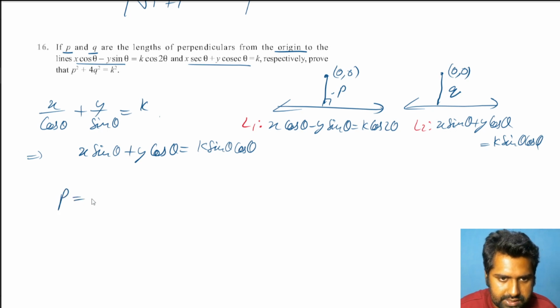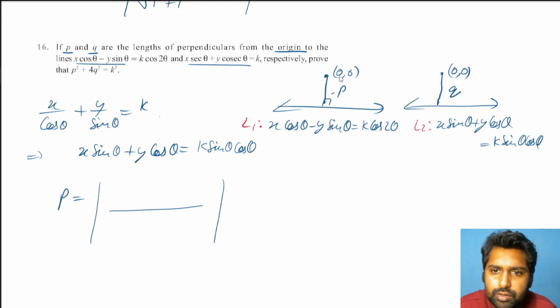The distance P is equal to modulus of, put the value of this coordinate in this equation. Okay, so putting it in this, if we put x as 0, 0 into anything is 0, then 0 into y sin theta is also 0 if we put y as 0.